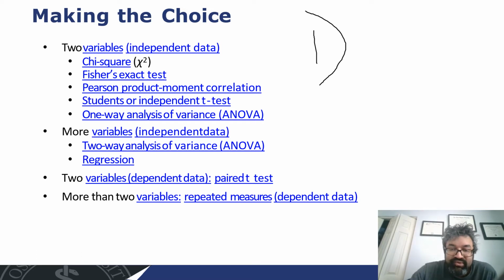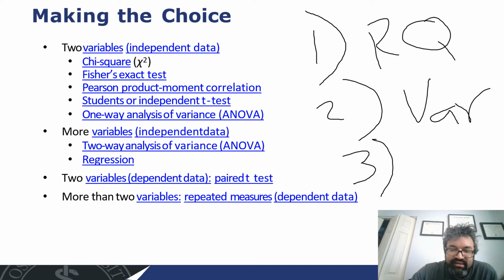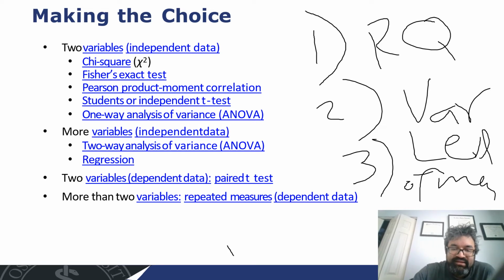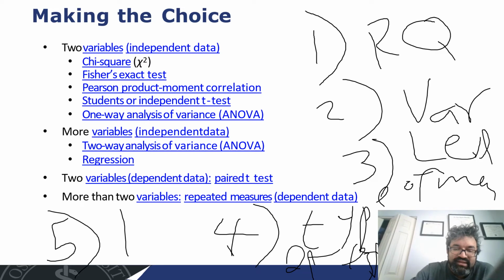Well, you're thinking about the research questions, and then the variables, and then the level of measurement, and then the type of test, and then the next thing that you're thinking about is interpretation.